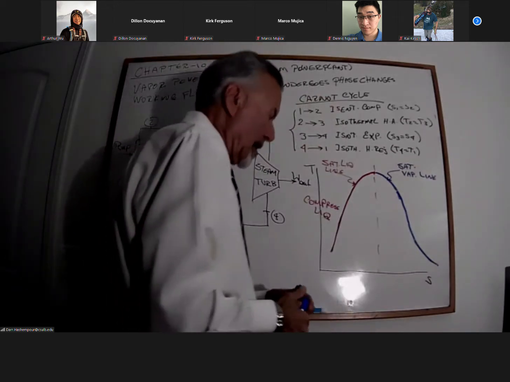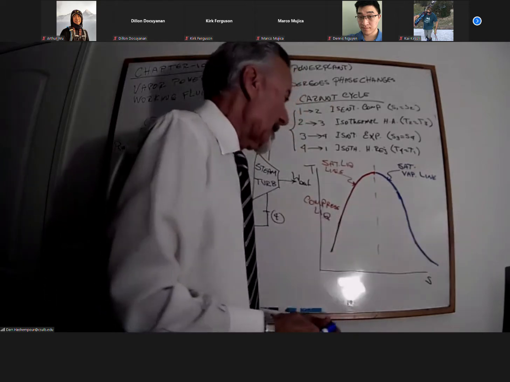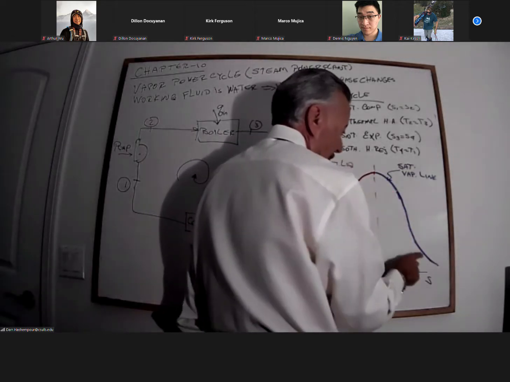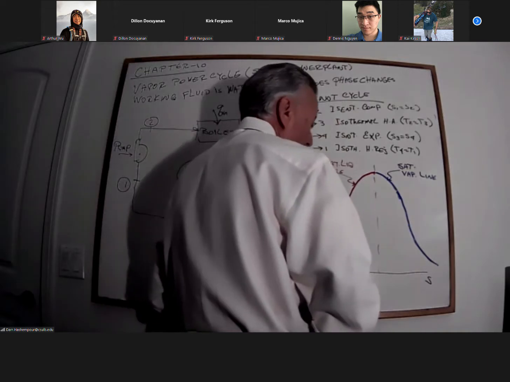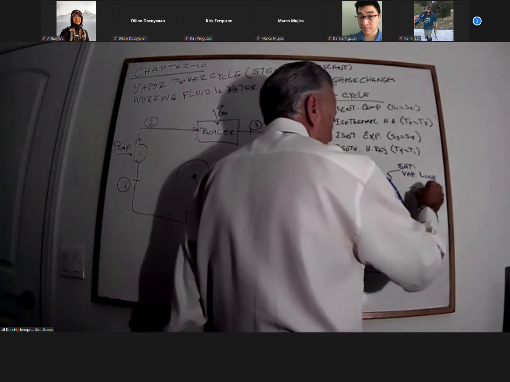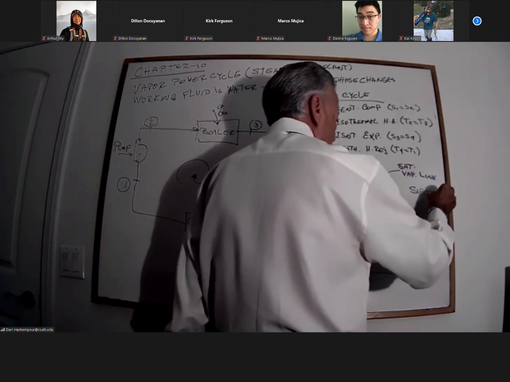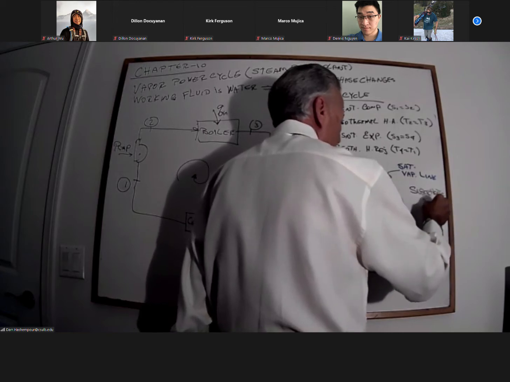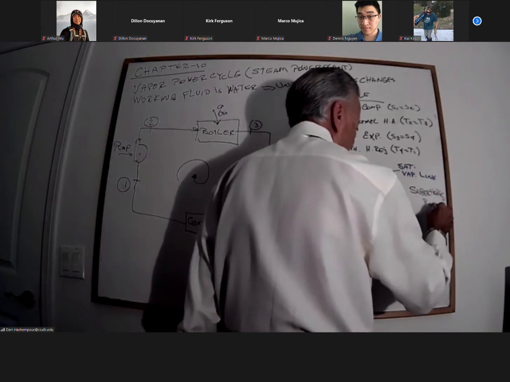Now, anything on the side of that line, outside of this curve, is called the superheated region or superheated area.